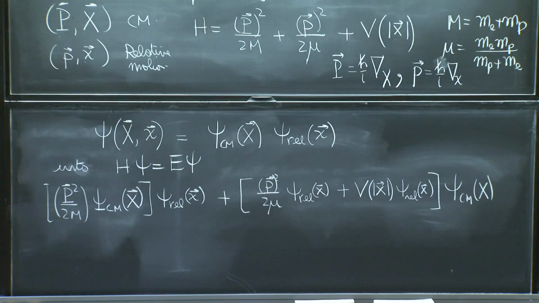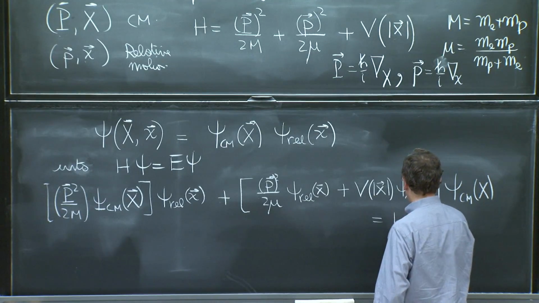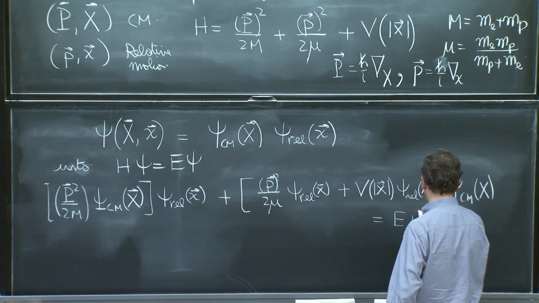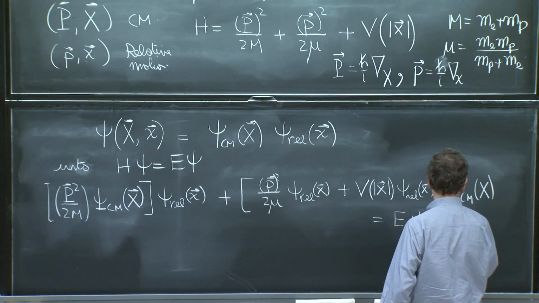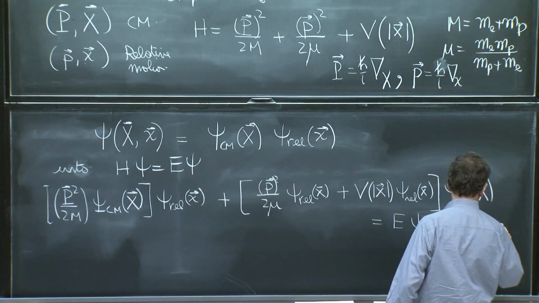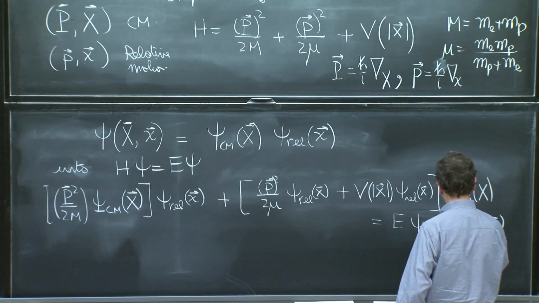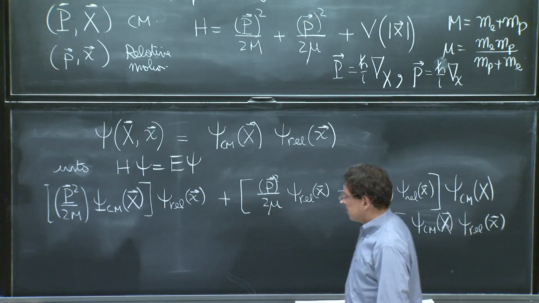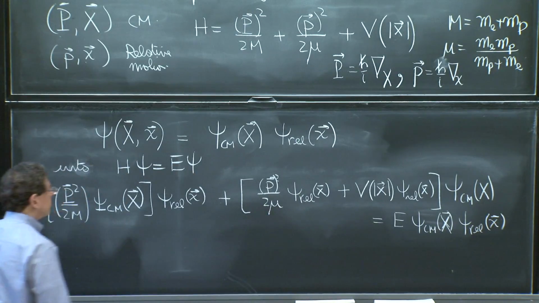All this is equal to E times psi cm of X, psi relative of little x. Okay, that's the Schrodinger equation.